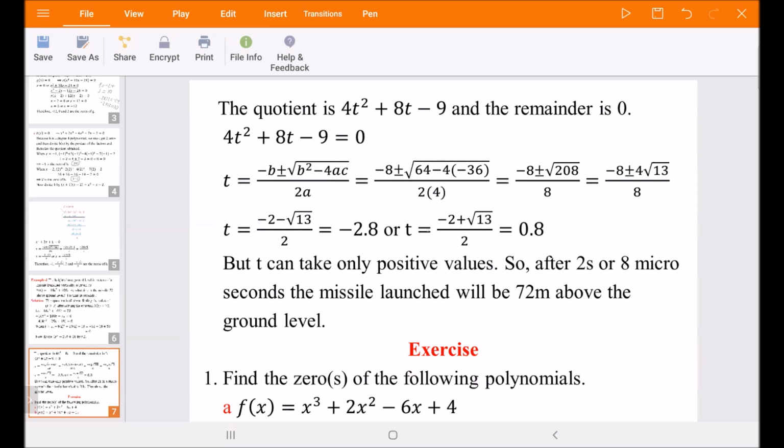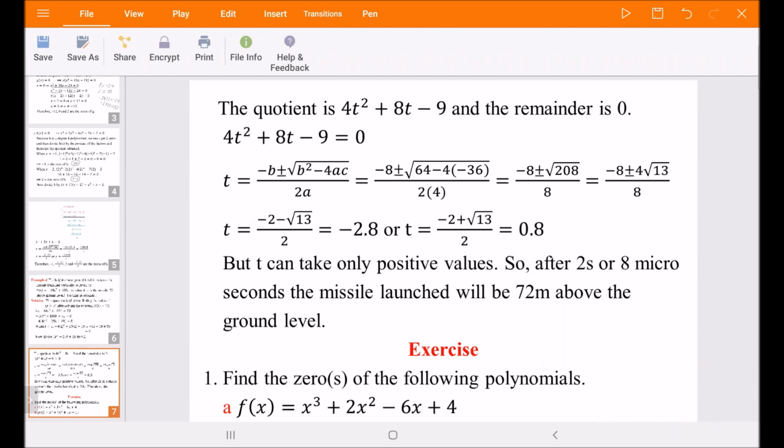So the possible values of t are 0.8 and 2. So after 2 seconds or 0.8 second, after it is launched from the ground, the missile will be 72 meters above the ground level. And it is what we are asked to find.